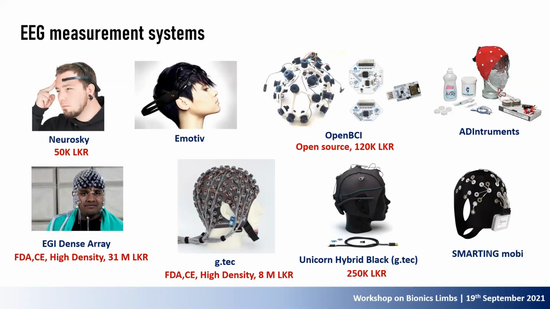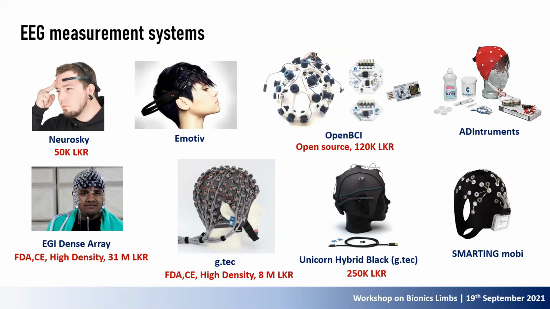And then there's one called OpenBCI, which is an open source EEG system that can be used for research as well as hobby applications. On the other hand, there are other systems called EGI Density and g.tec. These are high density EEG systems which have a lot of electrodes.